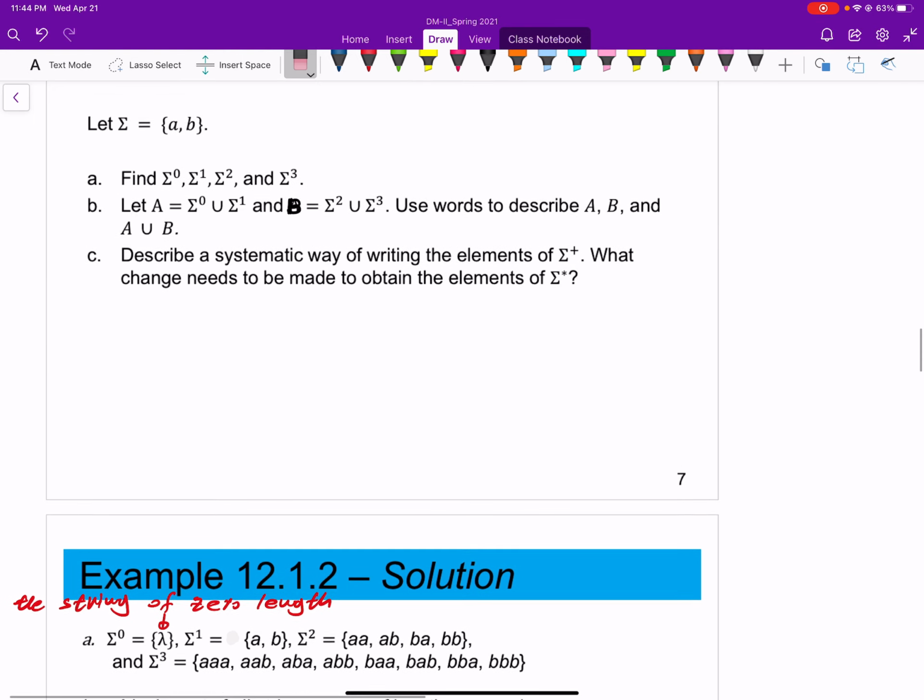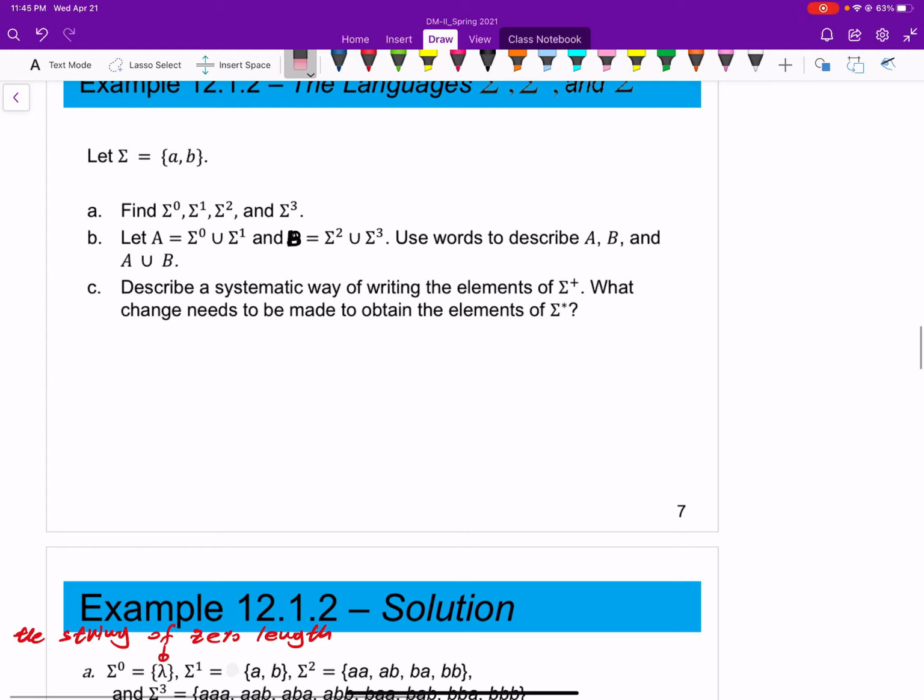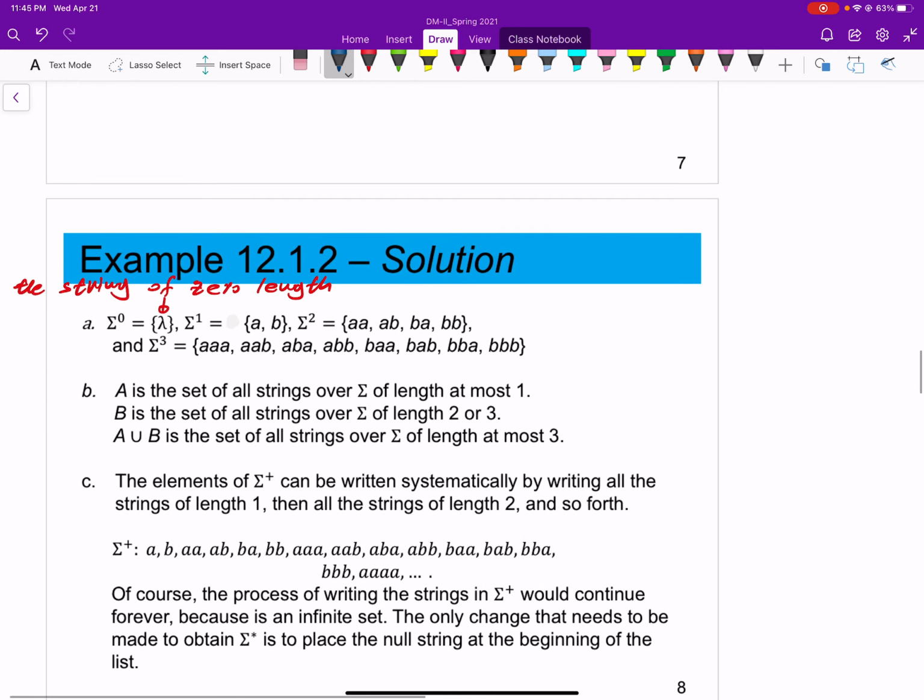All right, so this includes strings of no length and strings of length 1. So A is actually, you have to write A and B in terms of words.